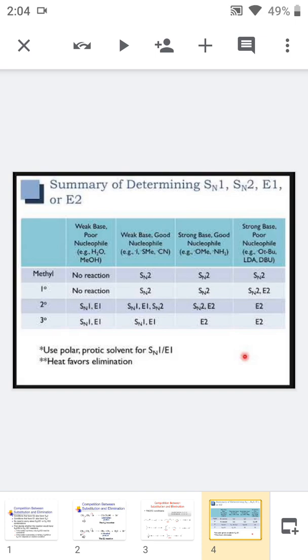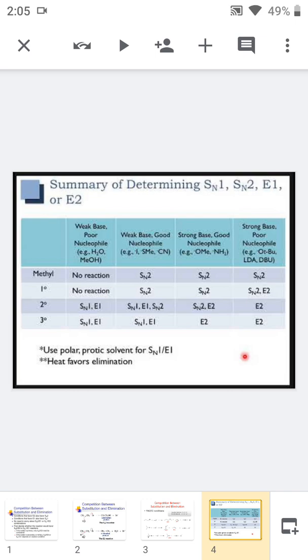With methyl also, no reaction will occur. But with secondary and tertiary, SN1 or E1 may occur because both reactions proceed through a carbocation as the intermediate.